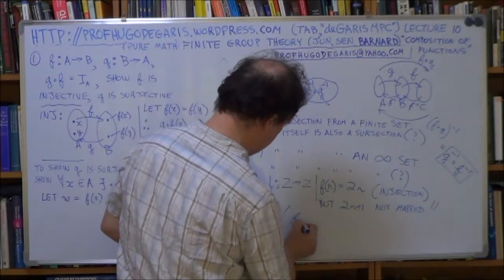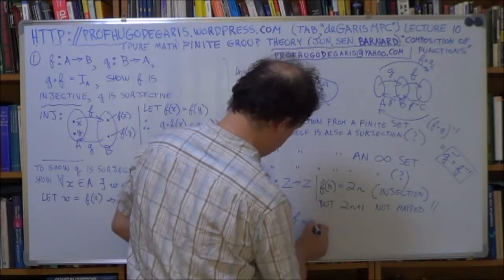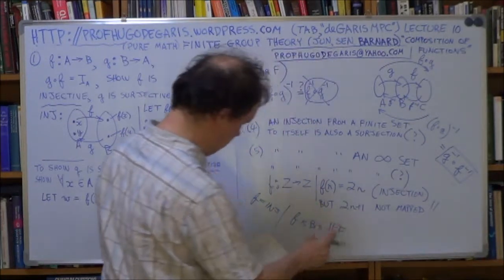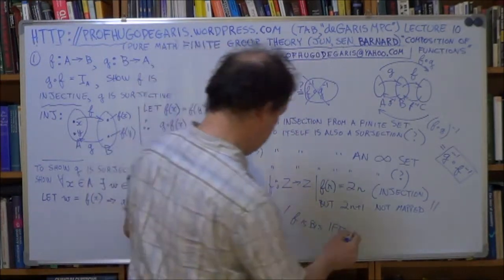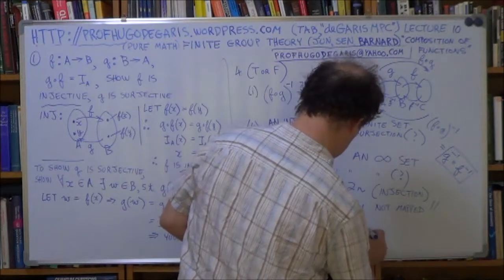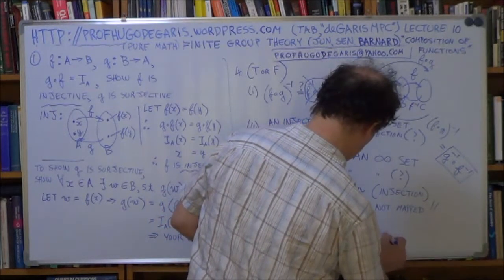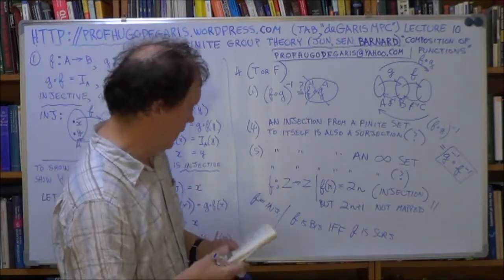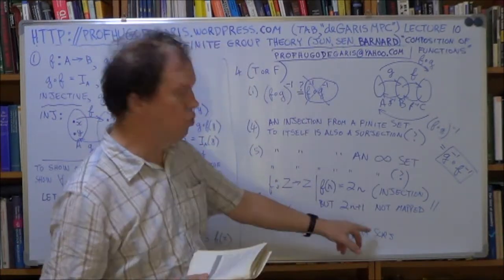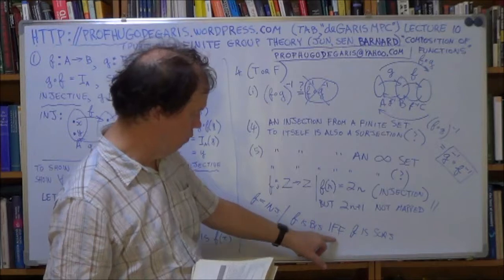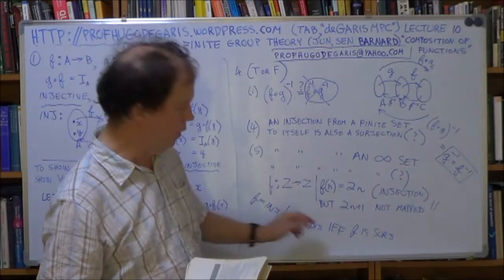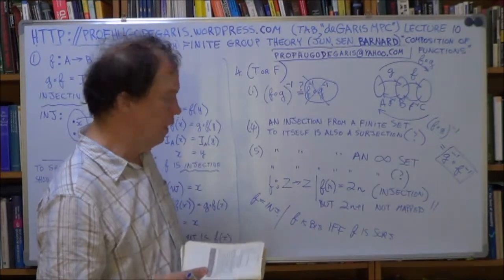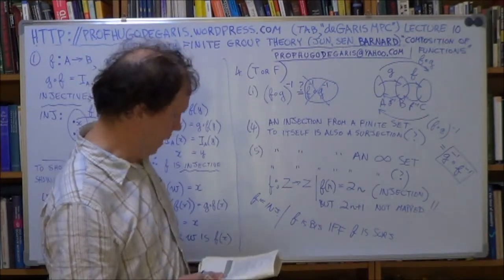And F is bijective if and only if F is surjective. If this is true, we have to prove the if and only if. We have to go both ways. It's an if-and-only-if type problem.